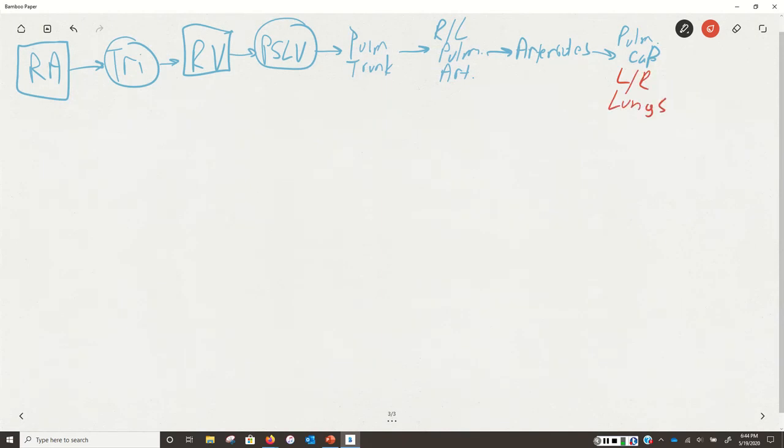Now you can see here that the pulmonary capillaries of the left and right lungs, I've written half of it in blue, half of it in red. And that's because when blood shows up, it's low in oxygen, but while it's there, it picks up oxygen. So now I'm going to use red ink for all of the spots where blood is high in oxygen. As we leave the pulmonary capillaries, we're in the venules.